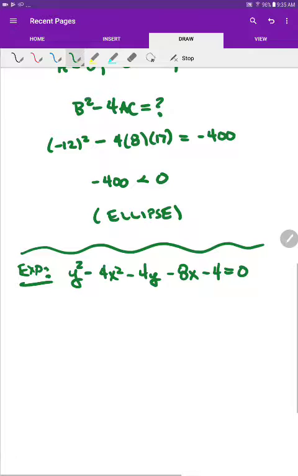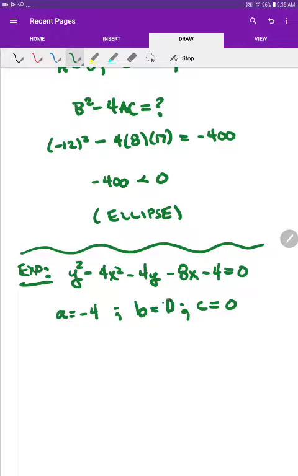So the x squared term is actually the a term, so a equals minus 4 here. B equals 0, my mistake, and c equals 1.